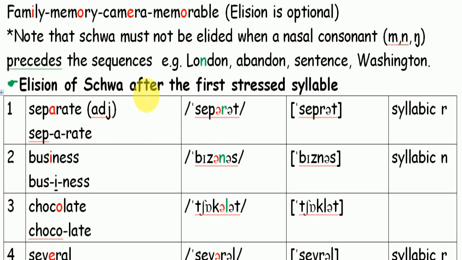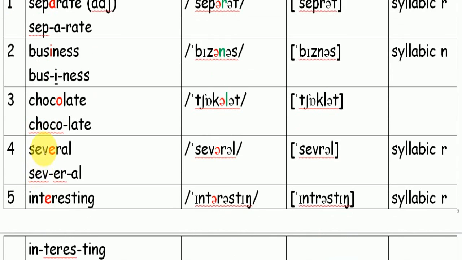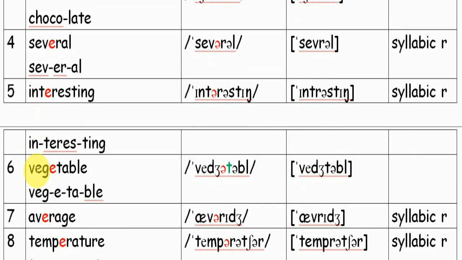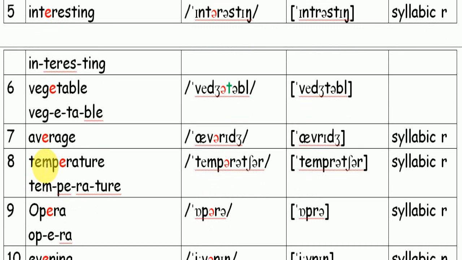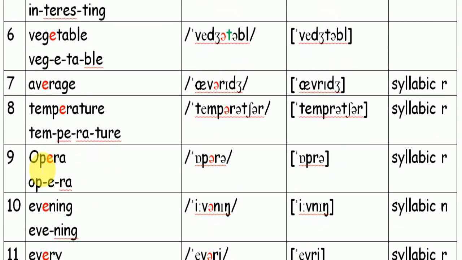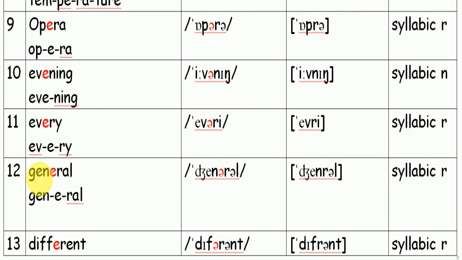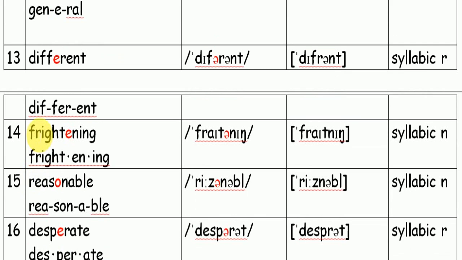Elision of schwa after the first stressed syllable. Separate, business, chocolate, several, interesting, vegetable, average, temperature, opera, evening, every, general, different.